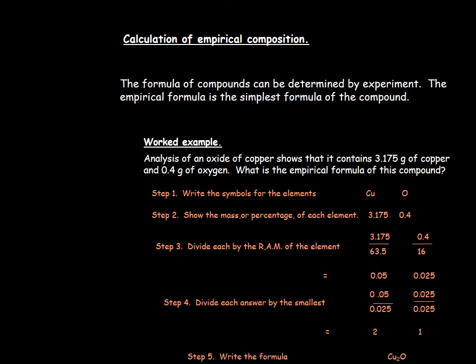So then you write out the formula. Because the answer for copper was 2, that means 2 atoms of copper, and the answer for oxygen was 1, therefore 1 atom of oxygen. Cu2O, 2 atoms of copper, 1 atom of oxygen.